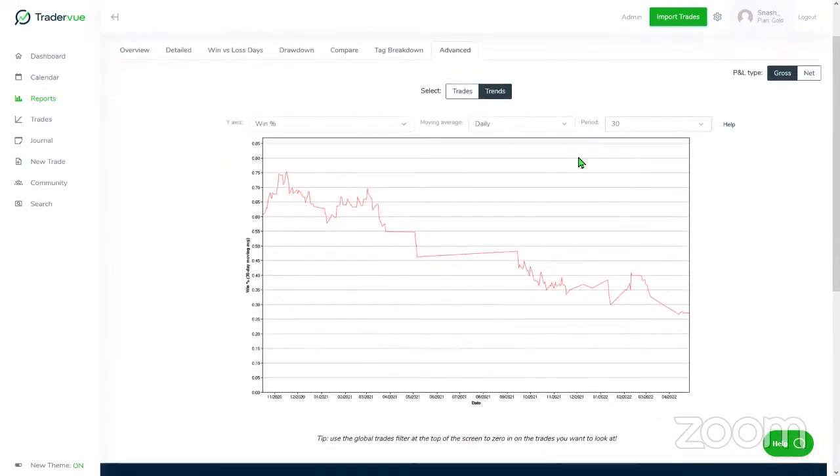We have a report that's telling you the dates here on the x-axis, and on the y-axis your winning percentage. At a glance, this is a very simple advanced report and a good way to start, because what you're looking at here is the overall behavior of the win percentage throughout 30 trading days.